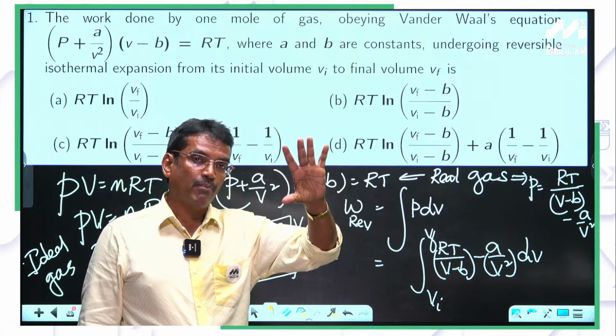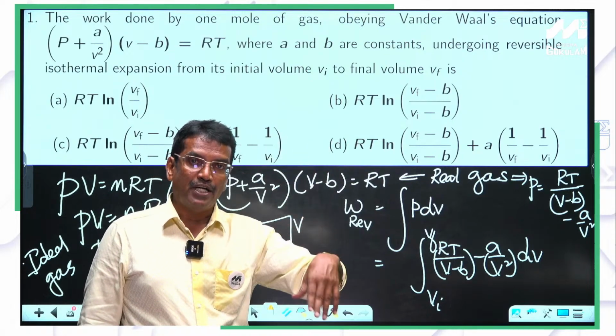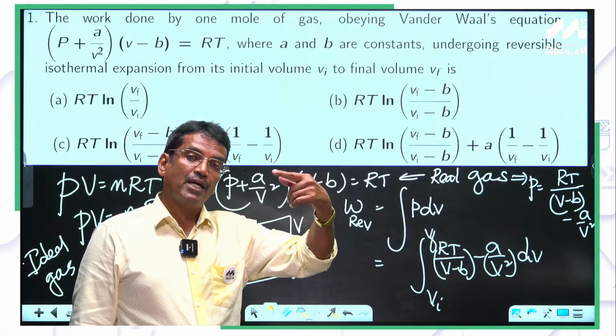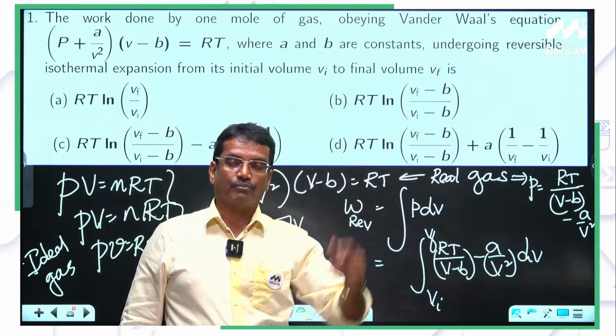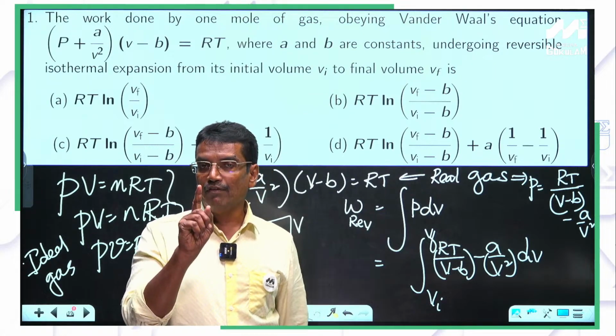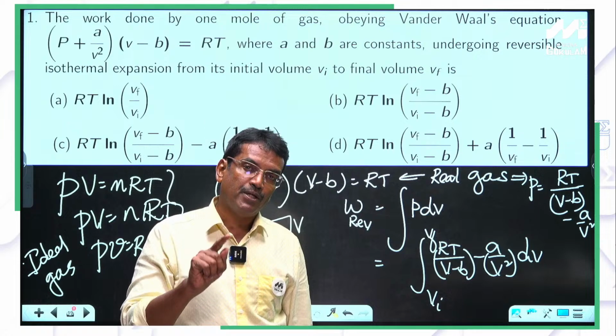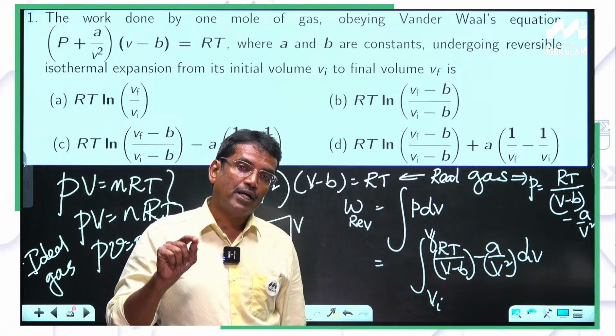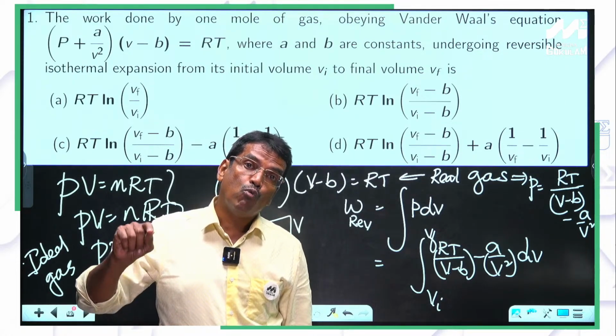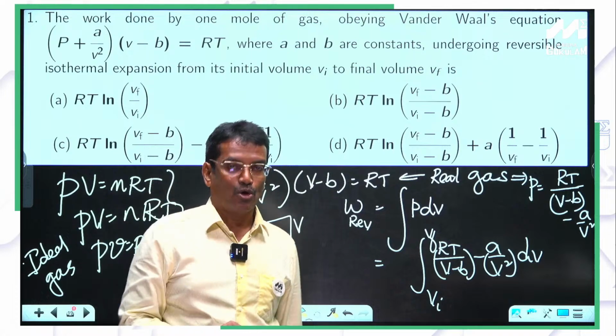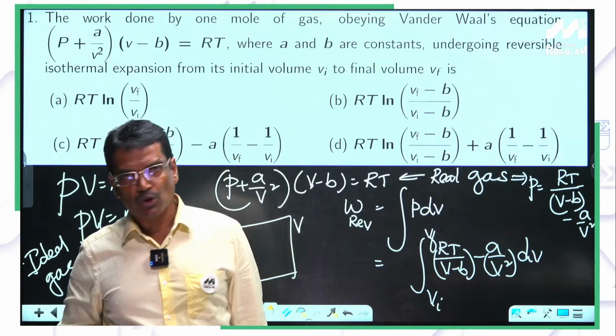Integral PdV is written for a closed system and reversible process. Minus integral VdP is written for the work done by a steady flow open system during a reversible process. Both are for the reversible process only.